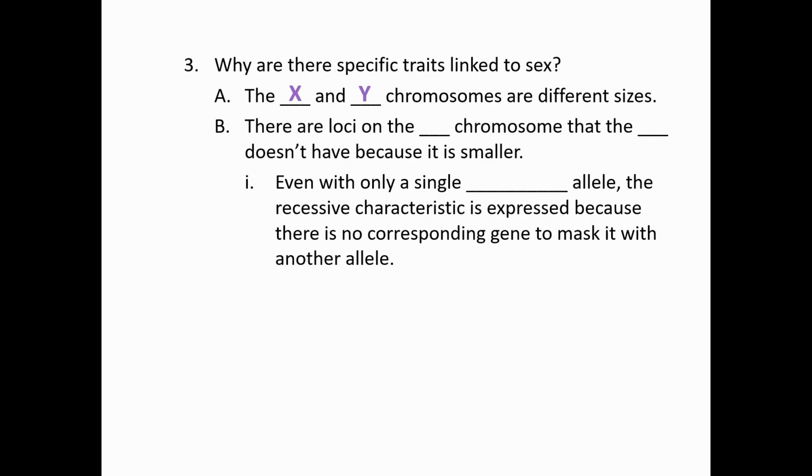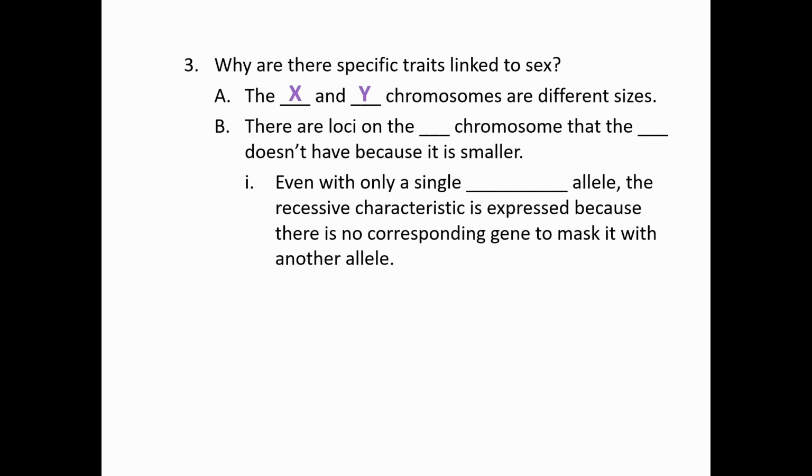Now, I do want to make note that there are individuals who are intersex and individuals whose chromosomes don't necessarily match how they present on the outside. Some individuals who are XX appear to be male on the outside, and some individuals who are XY appear to be female on the outside. There's a variety of reasons for that, including things like androgen insensitivity syndromes and genes that have somehow moved from one chromosome to another.